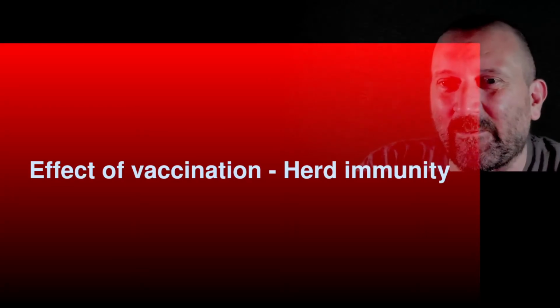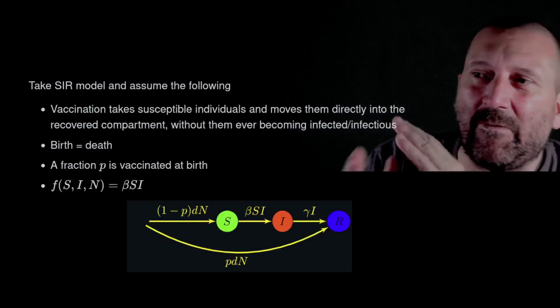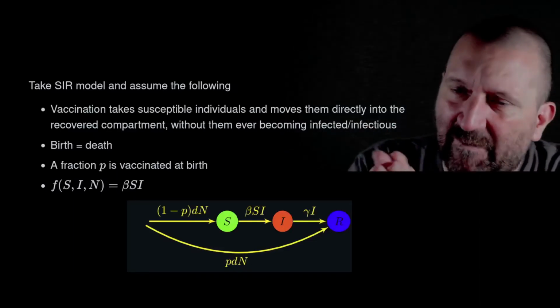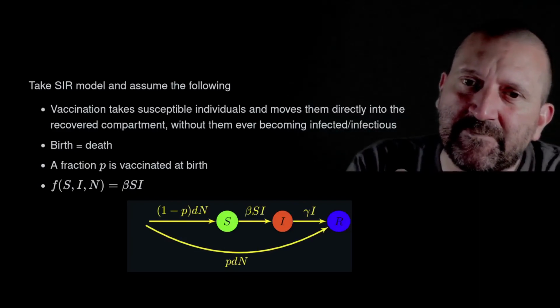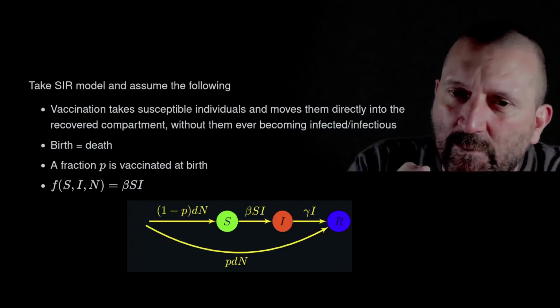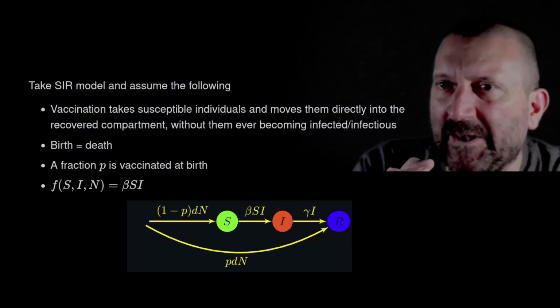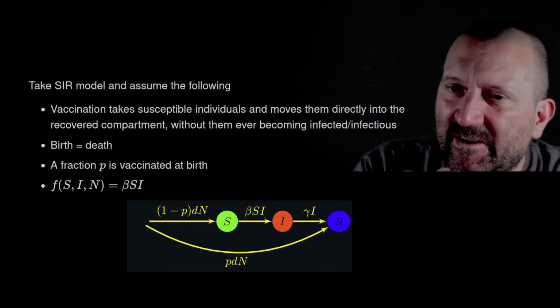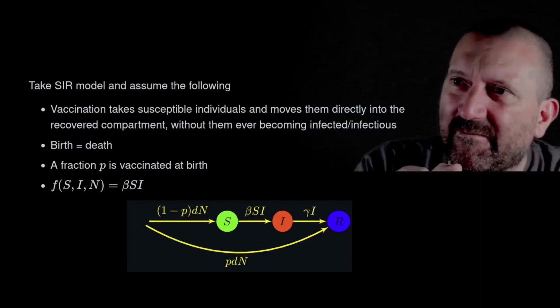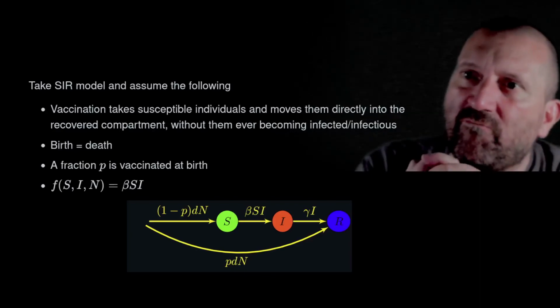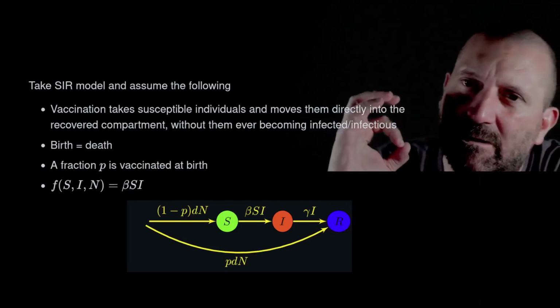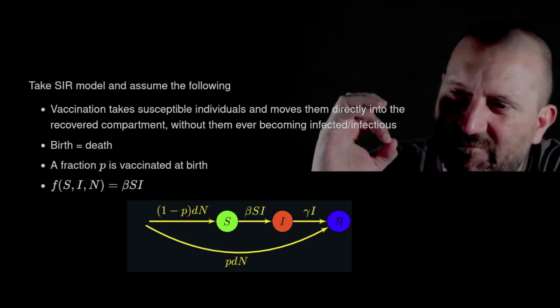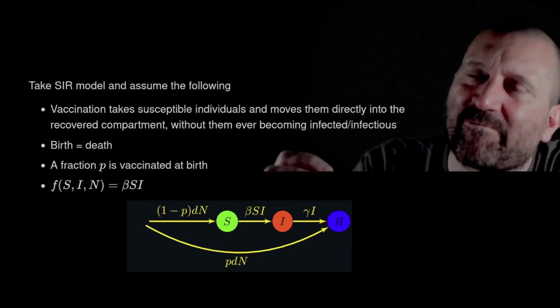The last thing I want to mention is herd immunity. And the reason why I want to do this is that this is essentially one of the first cases where epidemic modeling, mathematical modeling in epidemics, has allowed us to really coin a concept and really explain a concept.